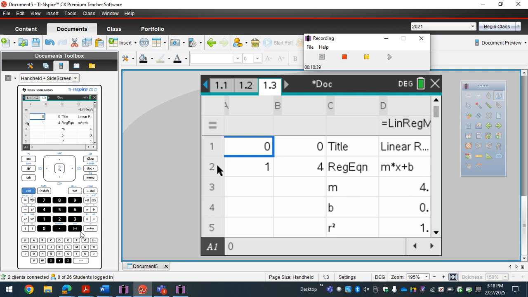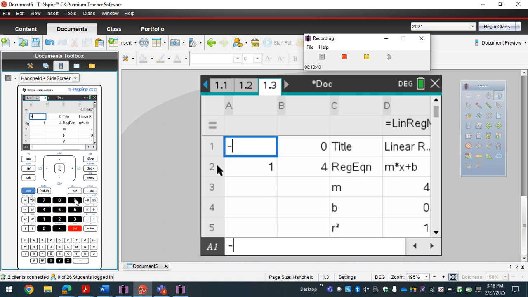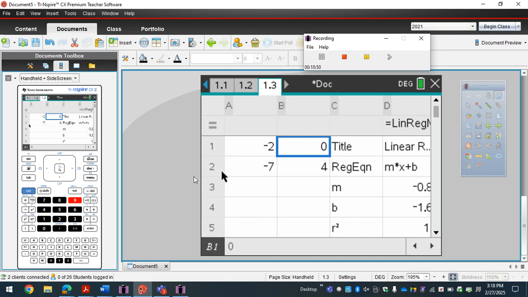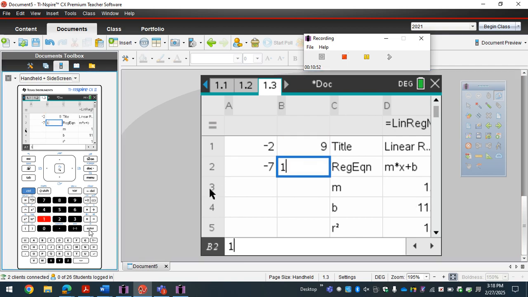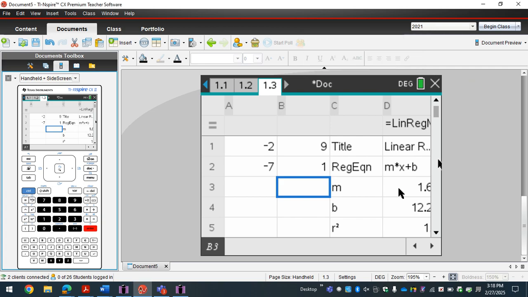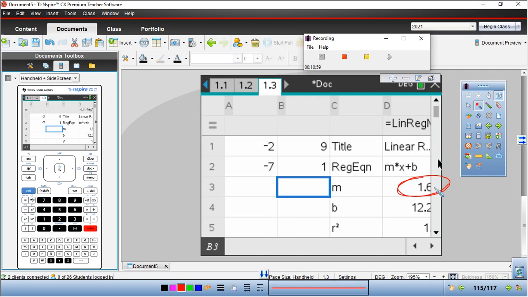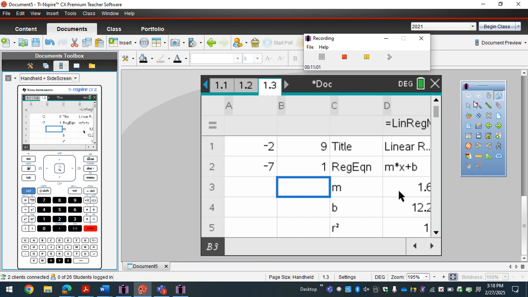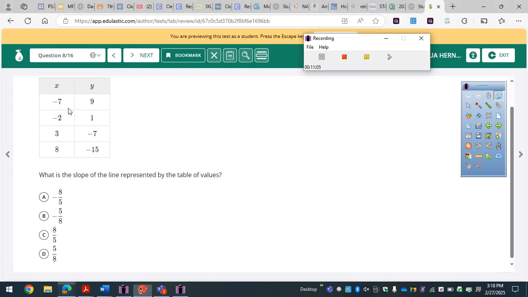I'm going to type over negative. Oh, great. Negative 2, negative 7. Negative 7, and 9, and 1. As I'm doing it, it's automatically changing over here. Look, what I'm noticing with this slope is it's already positive, and it's greater than 1. Let me just double-check these numbers if they're correct. Negative 7, negative 2.